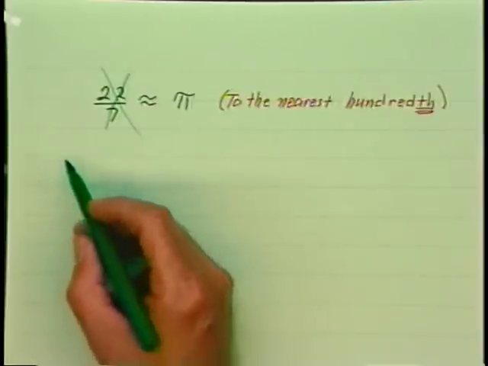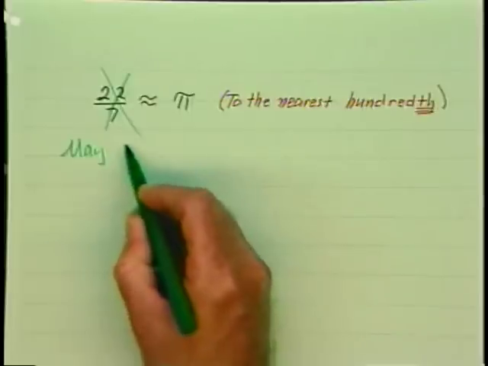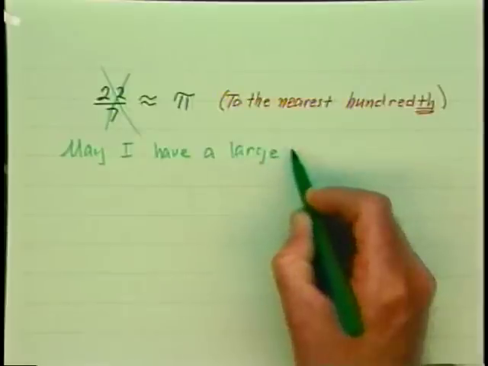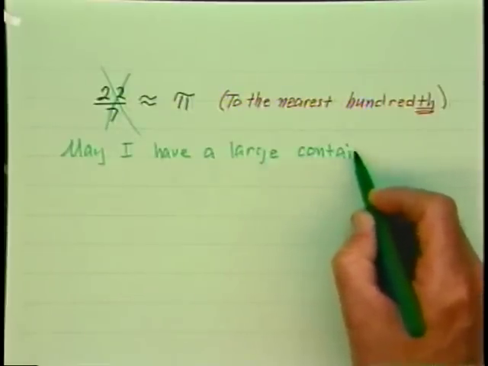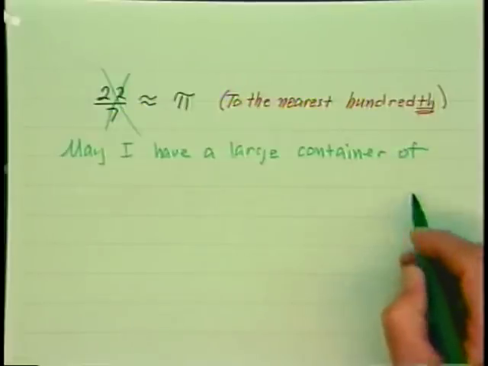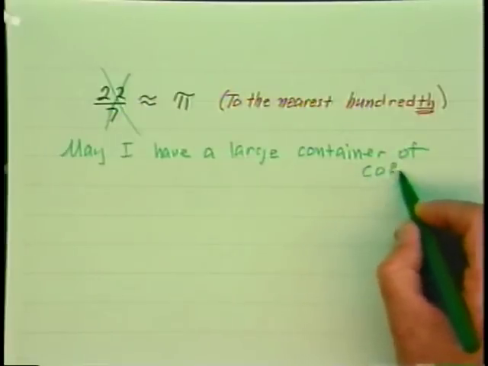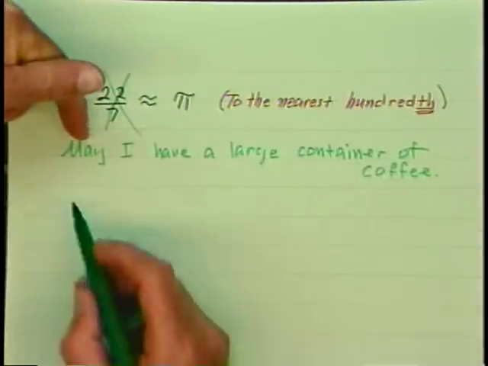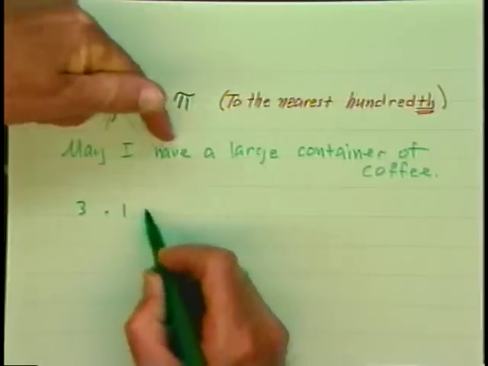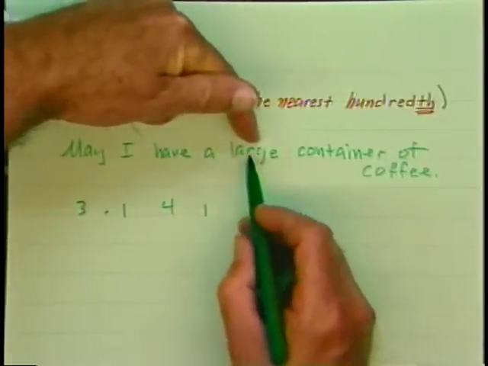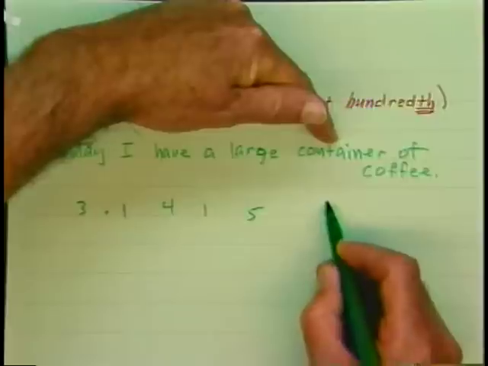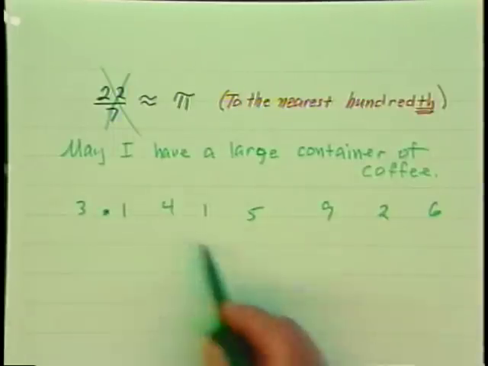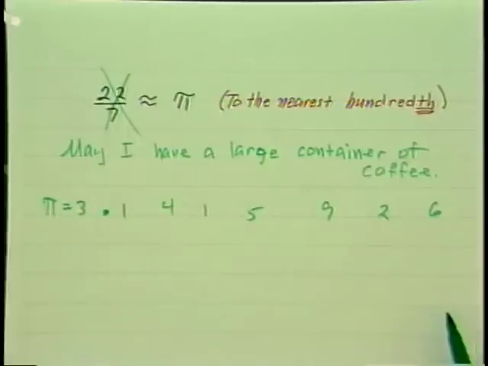If you remember the phrase, "May I have a large container of coffee," a phrase many people use, then count the letters, 3.1415926 out to that many places. In fact, that's what pi is equal to.